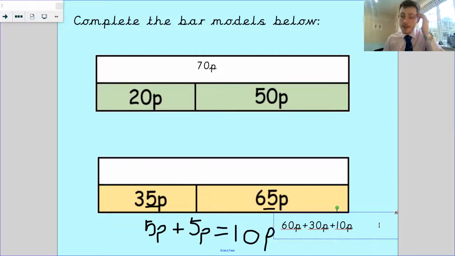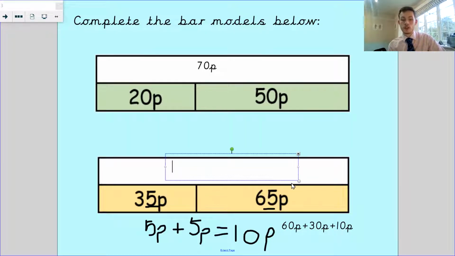So I'm going to put 60 in my head, and I'm going to count on 30p, or 3 tens. So 60, 70, 80, 90. So I've counted on 3 tens there, so I'm on 90p now. And then I've got one more 10 to add. It's going to be 90, one more 10, 100. Now, I could put 100 pence there, and that would be correct.